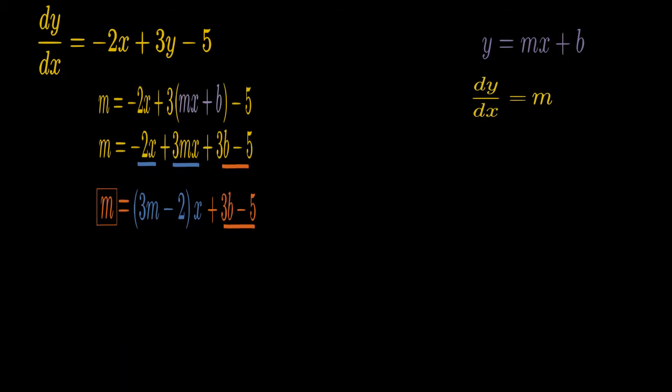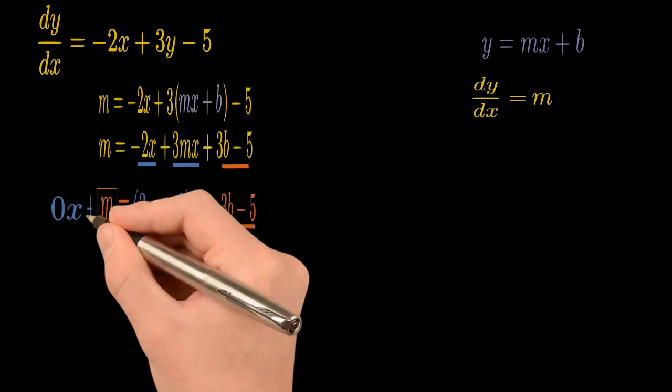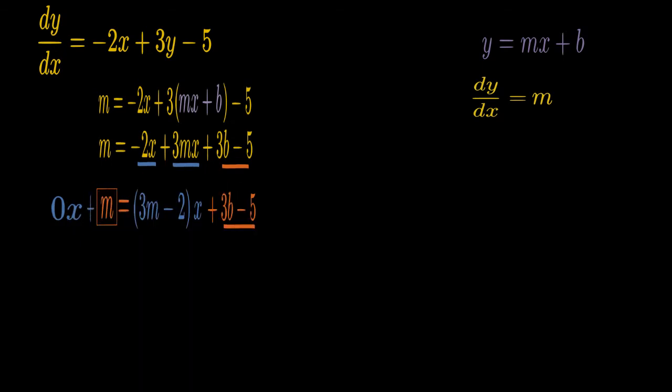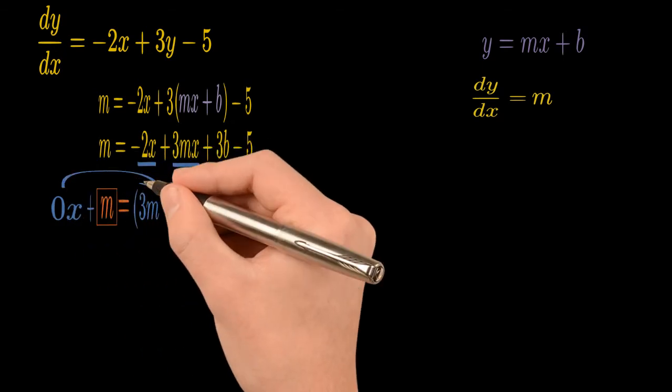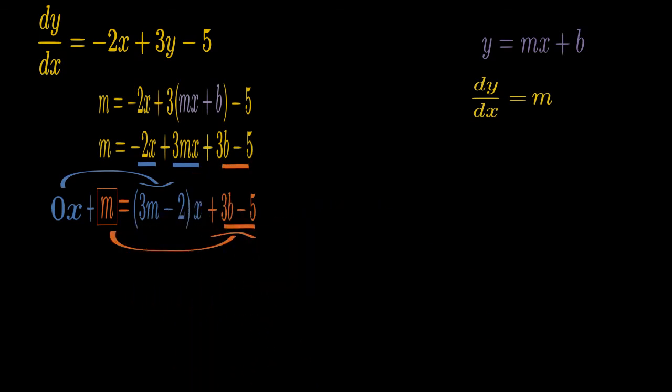M, some constant value, is equal to some coefficient times x plus some other constant value. Well, in order for a constant value to be equal to a coefficient times x plus some other constant value, the coefficient on x must be equal to 0. Another way to think about it is this should be 0x plus m. And so you see, you kind of match the coefficients. So 0 must be equal to 3m minus 2, and m is equal to 3b minus 5.